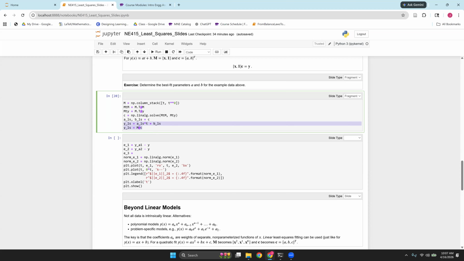No, you would have just had T squared in that matrix instead of the T. Where you would have a T squared without the T, I don't know, but it could be done. In fact, you don't even need the T squared, or you could use a sine of T. There could be anything. You put anything you want in those columns of the design matrix, and all these equations work out the same. So in this specialized case, this highlighted ALS times T plus BLS works. But for the more general case, this is how you get that approximate solution.